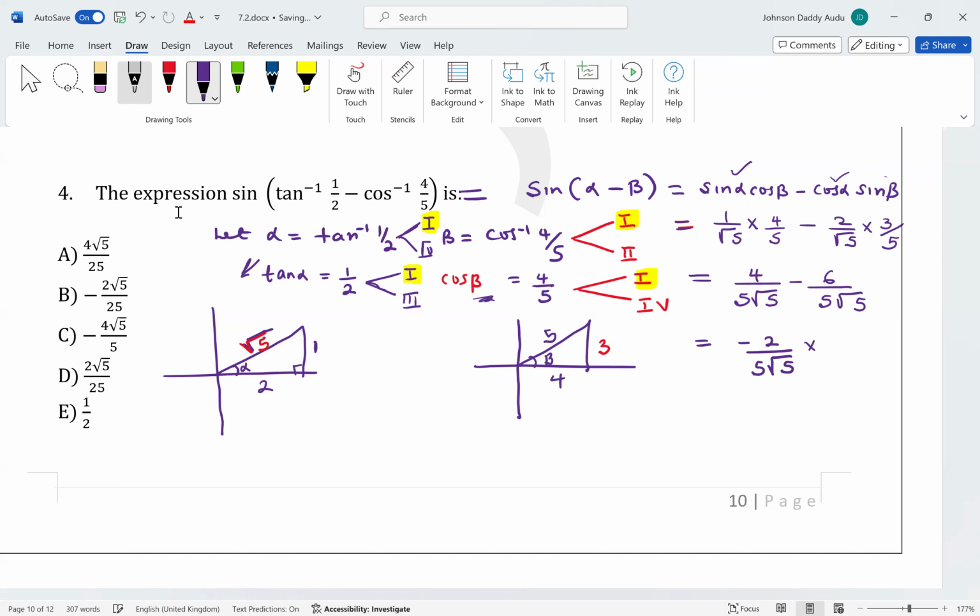So we can multiply by root 5 over root 5. So this is minus 2 root 5 over 25.